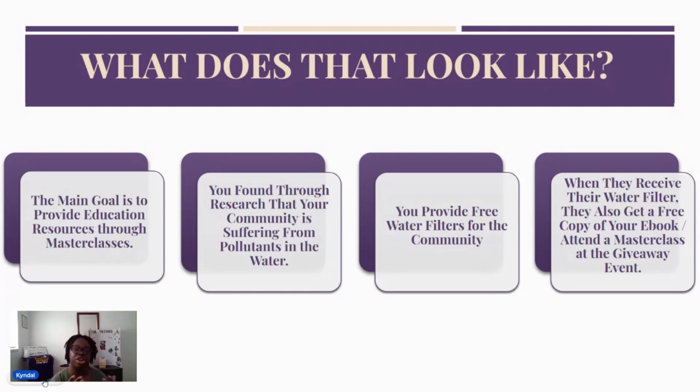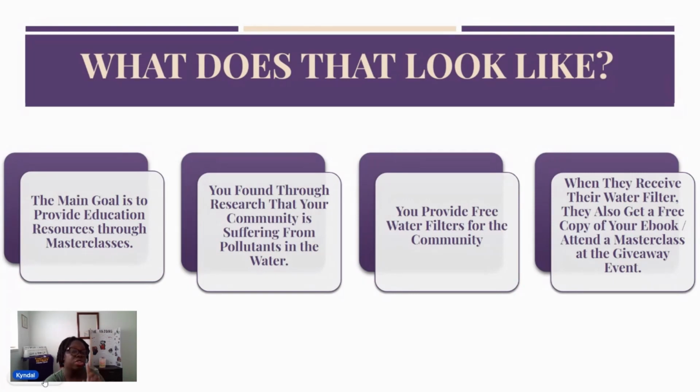And in this one, we're going to use the example of pollutants in the water. So, yes, you want to teach people how they can start recycling items in their own home to help the environment, but people aren't really focused on that at that particular time. They're worried about the polluted water that they are receiving out of the tap.